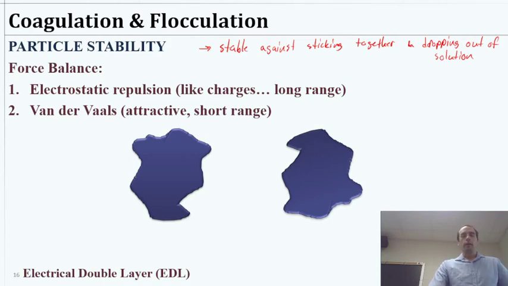It's almost like we are trying to make particles bad influences on each other, to hang out with the wrong particles and drop out of school, all in a group. Okay, so the force balances that stabilize or destabilize particles can repel or attract them. The biggest ones, the furthest reaching ones, are electrostatic repulsion.